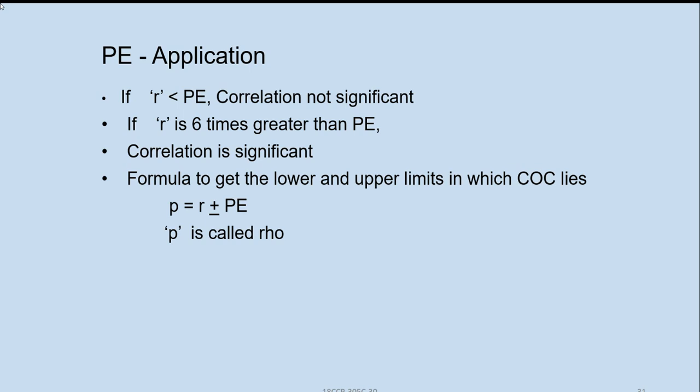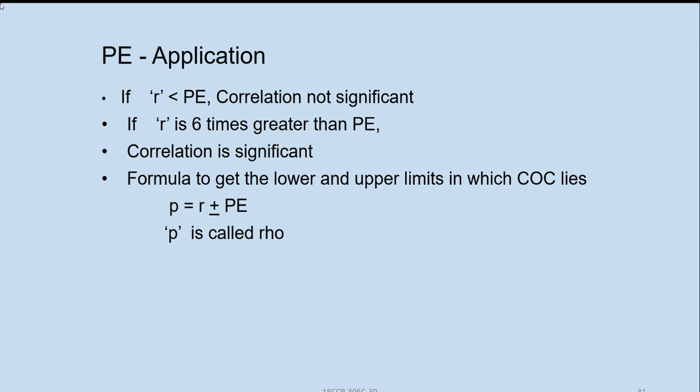Now if r is less than probable error, correlation is not significant. If r is less than the probable error, then the coefficient of correlation is not significant, that is, it is negligible.